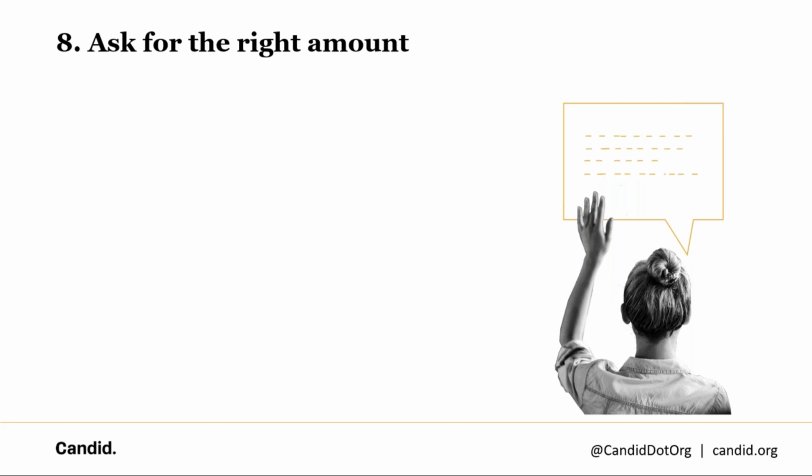But one is ask for the right amount, and the way to do that is you can take a look at grant lists that grant makers have made and see how much they actually gave to a particular organization or to a particular project in a particular year.